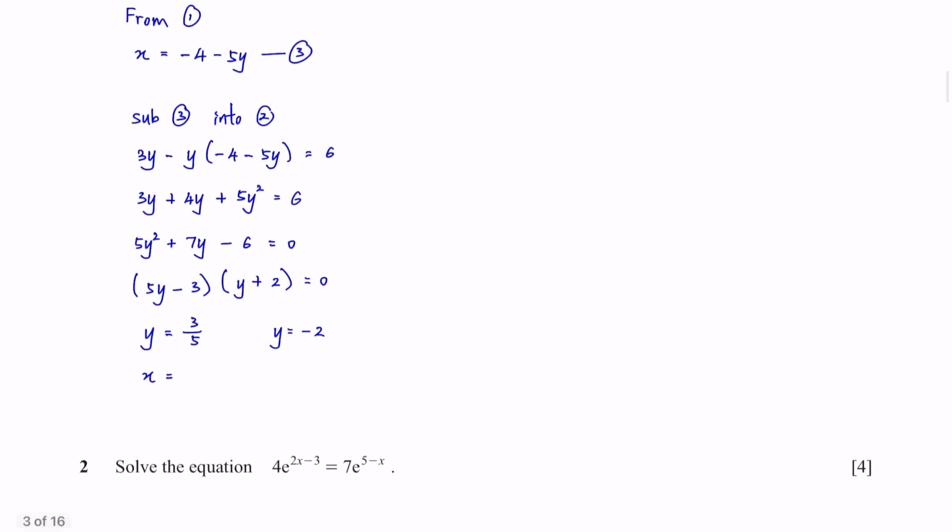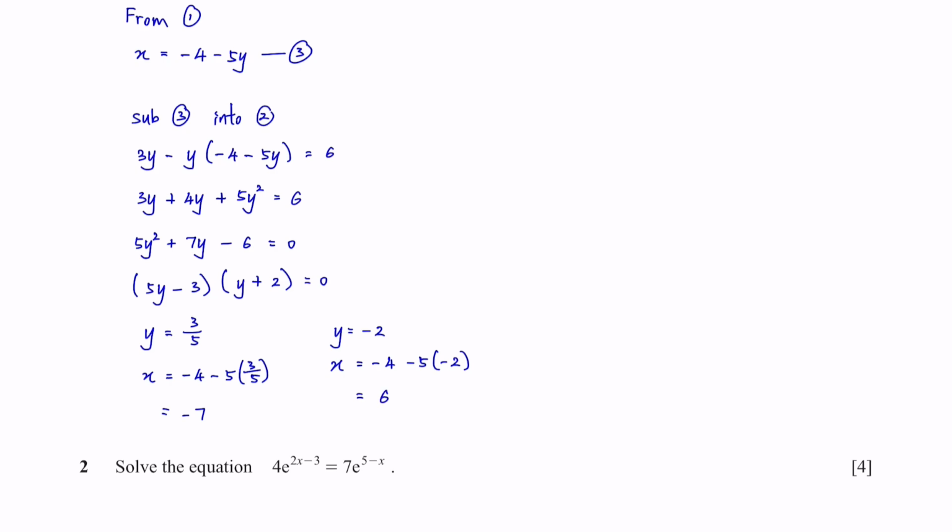So x is -4 minus 5y. So we have -4 minus 5 times 3 over 5, and we would get -7. And for the second y value, we have x equals -4 minus 5 times -2. So this would give us 6.